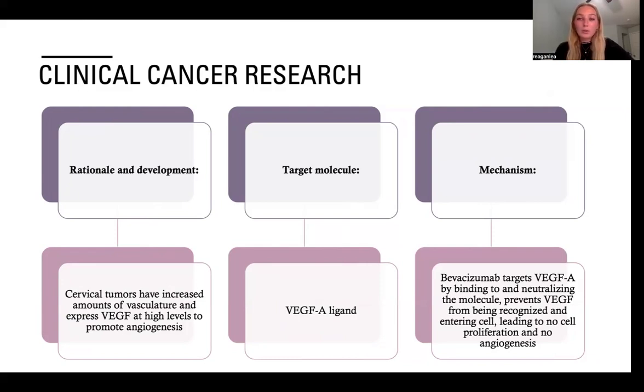The target molecule is VEGF-A ligand, and then the mechanism is that bevacizumab specifically targets the VEGF-A by binding to and neutralizing the molecule, and this prevents VEGF from being recognized and entering the cell, which leads to the cell not being able to proliferate and carry on through angiogenesis.